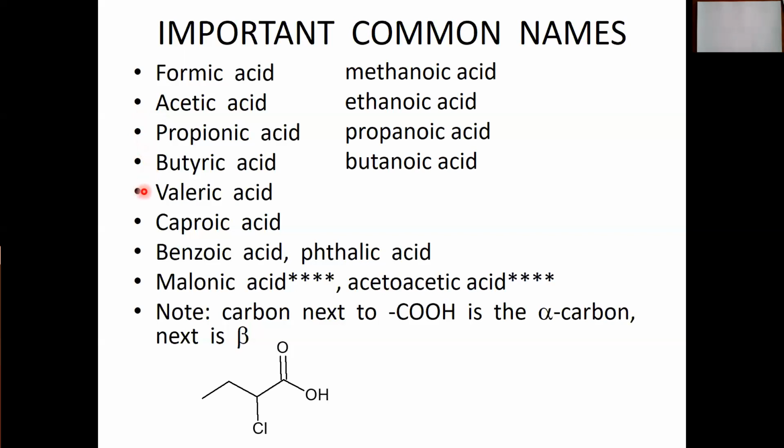Valeric, 5-carbon common, pentanoic, 5-carbon IUPAC. Caproic, 6-carbon common, hexanoic, 6-carbon IUPAC. So those are 6 common acids that you need to know the common name of, and you need to know the IUPAC name of. Every other acid bigger than that, we will rely on only the IUPAC name.